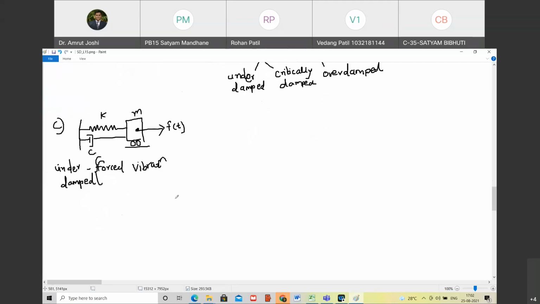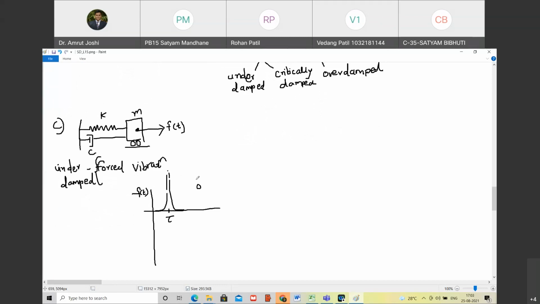And what are the various types of forces that we looked into? The very first force that we looked into was a unit impulse, something like this, which was not defined at tau.